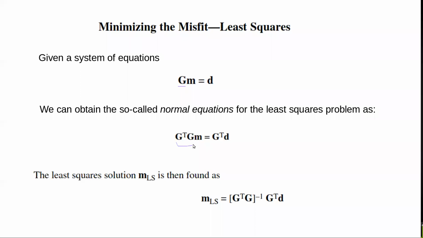This G transpose G will be a square matrix. It's usually a square, symmetric, mostly positive definite matrix, to use some linear algebra terms, which when the columns of G are independent, will have an inverse. So we can find the inverse of this G transpose G.